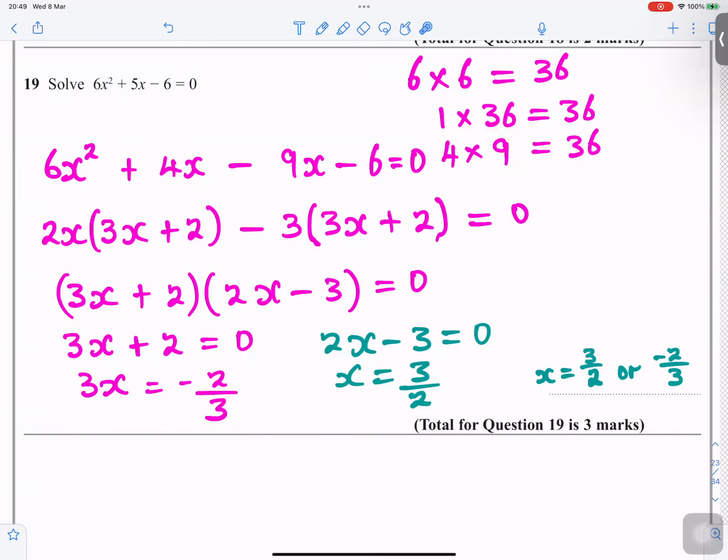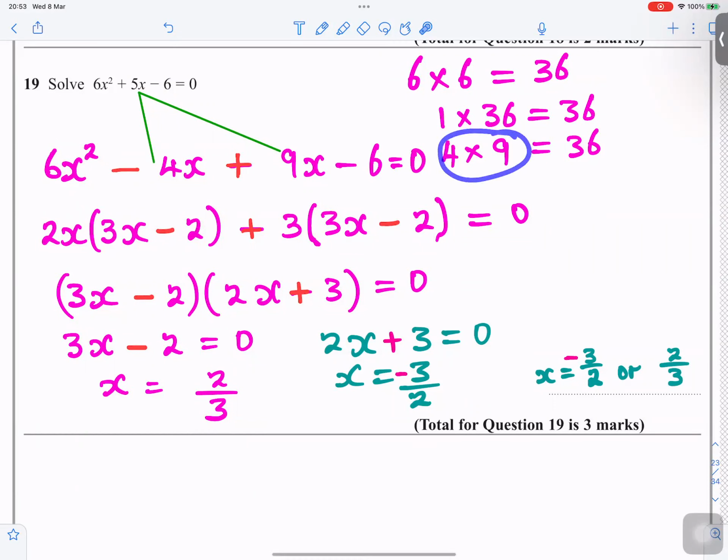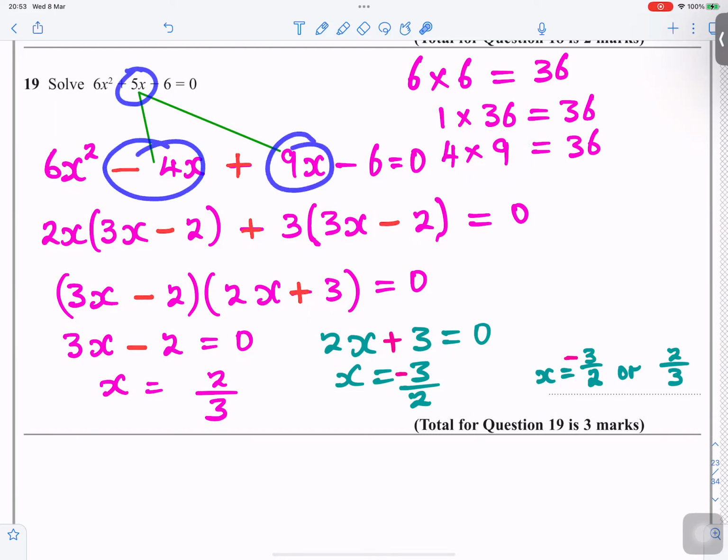Right, I will stop there because I can use 4 and 9 to split that 5. 5 is the same as 9 take away 4. So we can split that 5 into 4 and 9. So we change the 5x to minus 4x plus 9x, because 9x minus 4x is 5x.